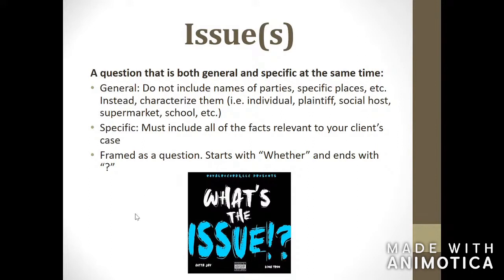We can't just say in our issue, whether Hessler engaged in serious illegal conduct. That tells the reader nothing. A better issue is whether Hessler engaged in serious illegal conduct by looking down at his cell phone to make a call while driving. You see that difference there? So that if someone's reading this, it actually tells them what's going on.